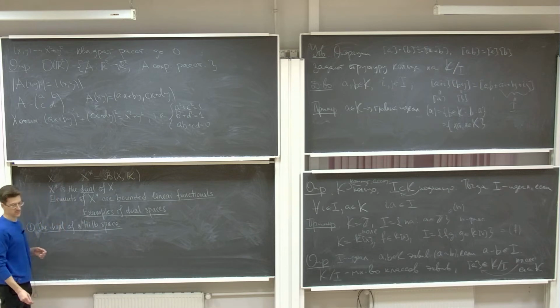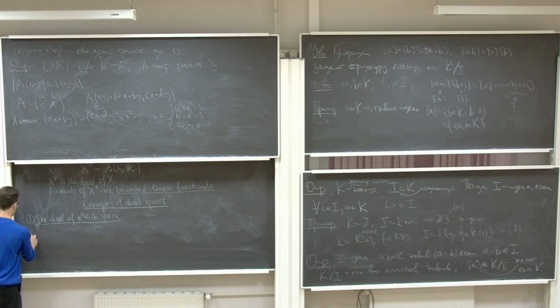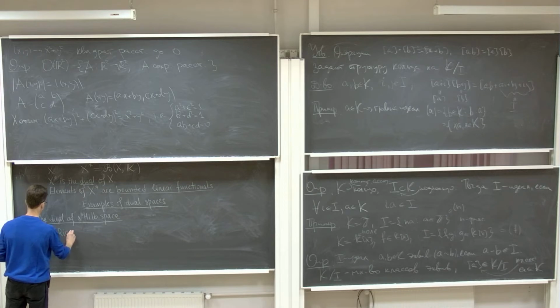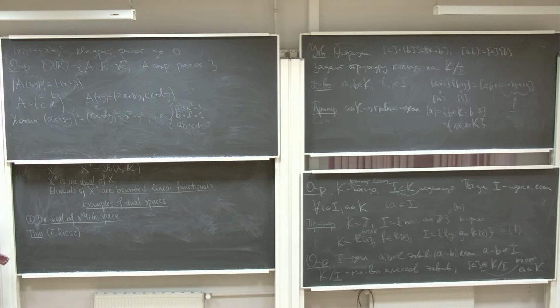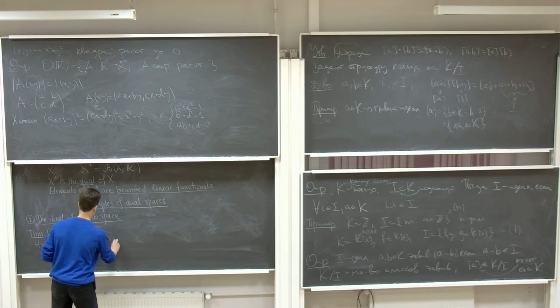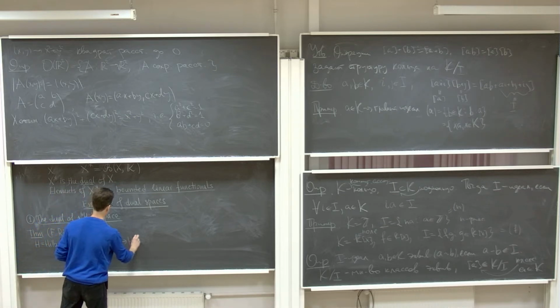The dual of a Hilbert space is characterized by the so-called Riesz representation theorem, which was proved at the previous lecture, and which states that if H is a Hilbert space, then we can consider the following map R from H to the dual, H star.